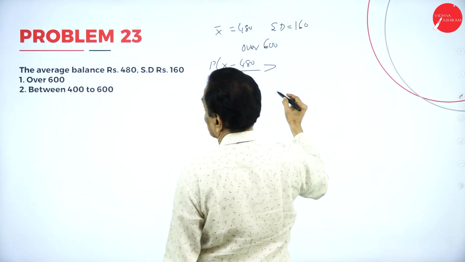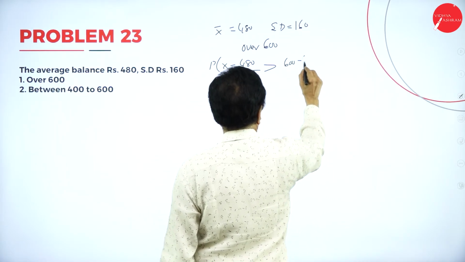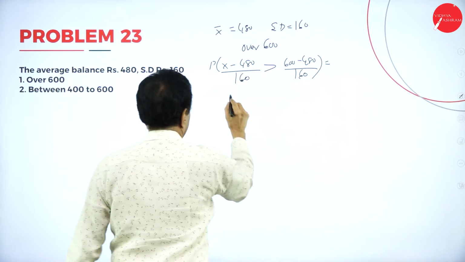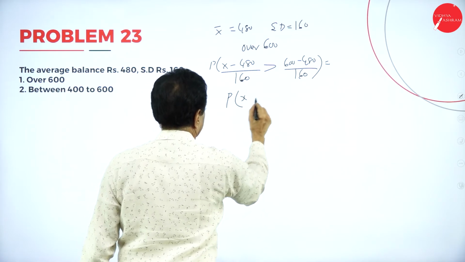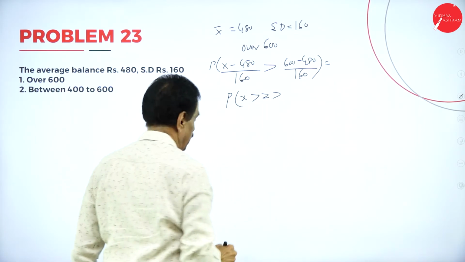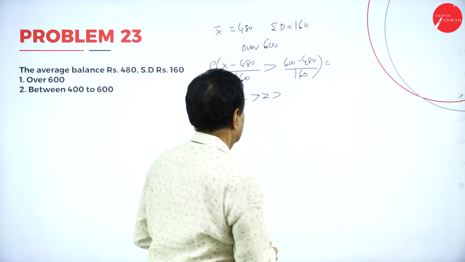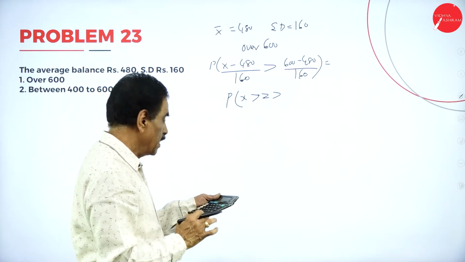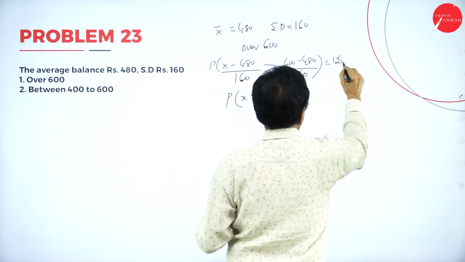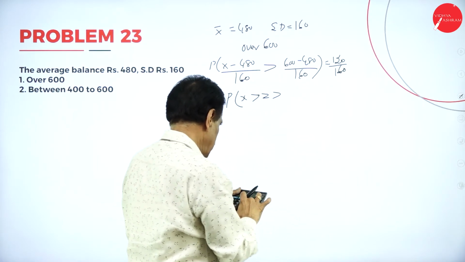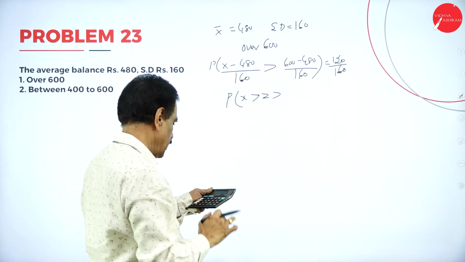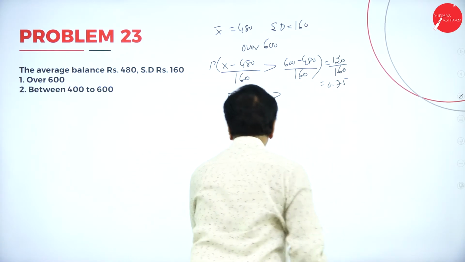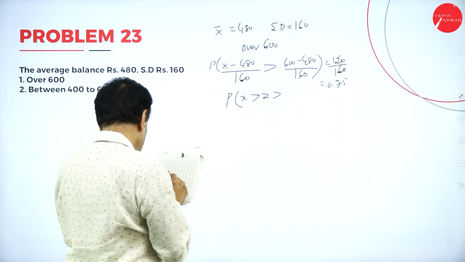What is the first one, over 600? 600 minus 480 is 120, divided by 160, 0.75. Find out the value for 0.75.